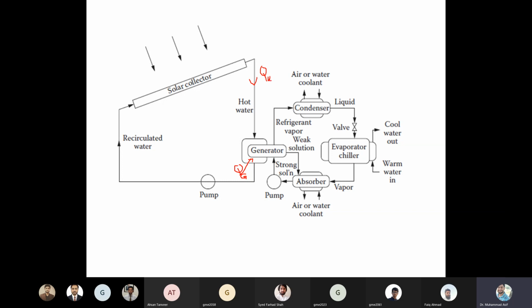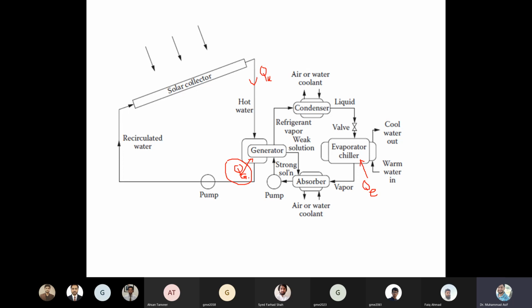That useful energy obtained from the solar collector is equal to QG, the energy supplied to the generator. We have to calculate that, and similarly, we need to know how much output is produced in the evaporator, which is the heat absorbed in the evaporator.